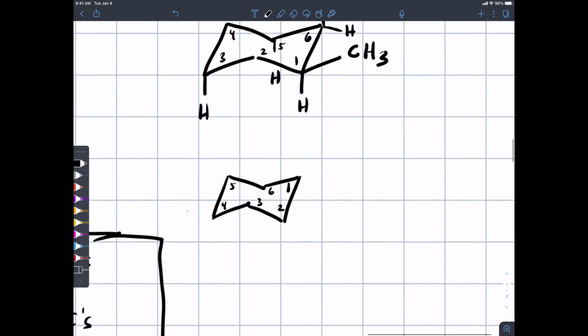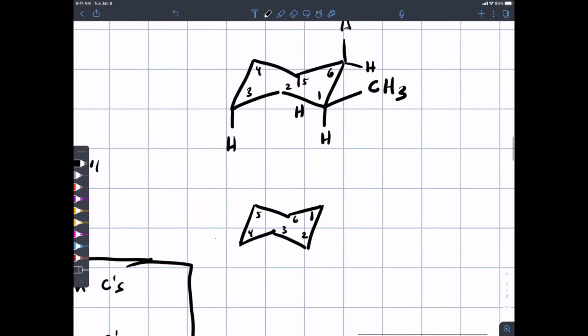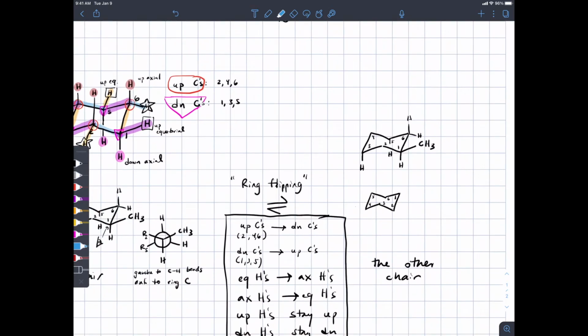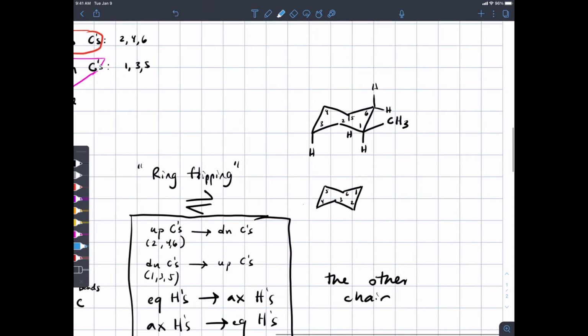All right, so up carbons became down carbons. We labeled down carbons with pink triangles. So what used to be down became up, and what used to be up became down. I'm going to actually lose the pink triangles.